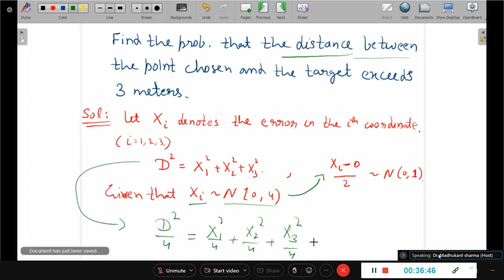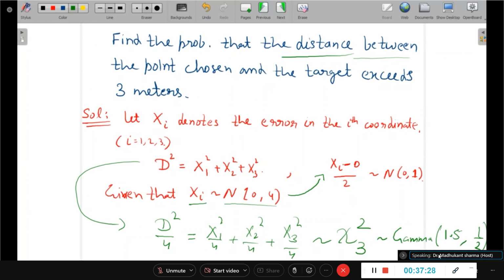Then it will follow the chi-square distribution with 3 degrees of freedom, because each coordinate error is independent, so these are independent normal variates. And chi-square with 3 degrees of freedom follows the gamma distribution with alpha equals 3 by 2, so 1.5, and lambda is 1 by 2, that's 0.5. You have every piece of information.